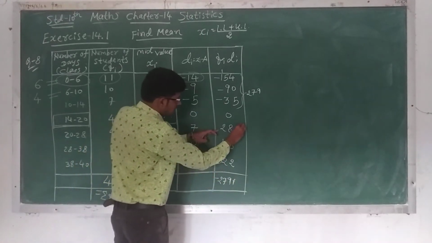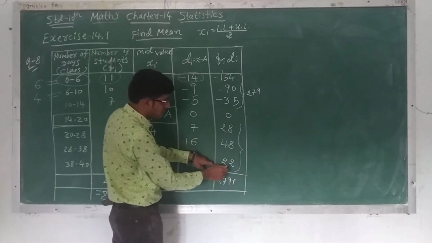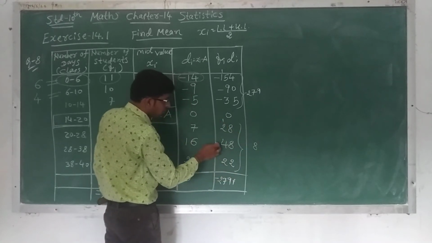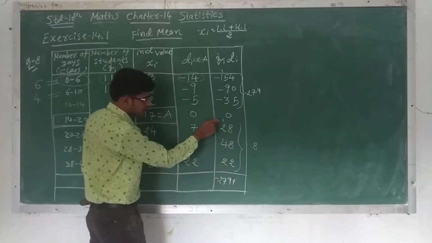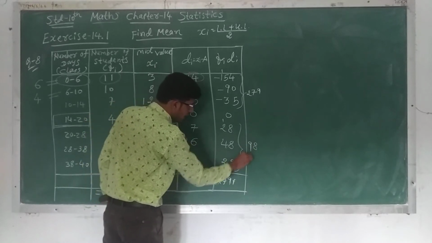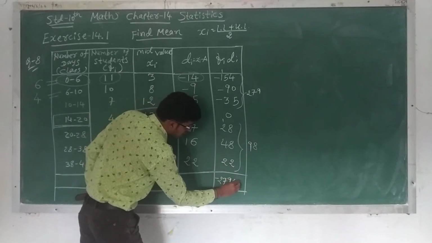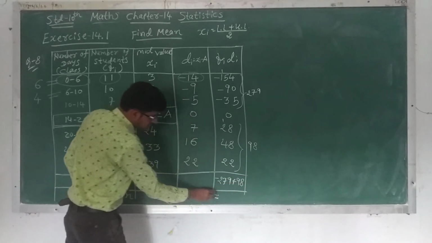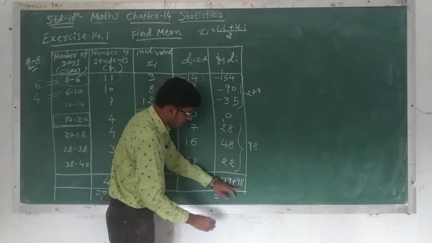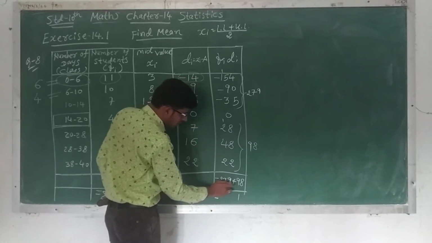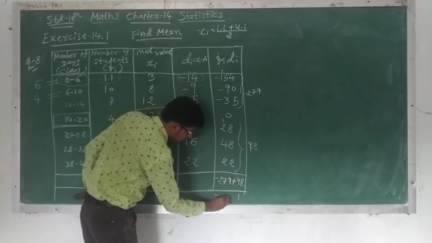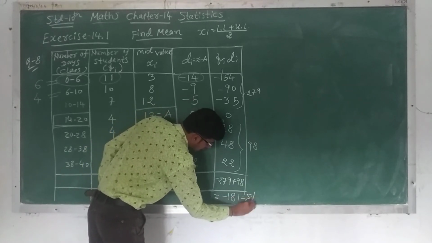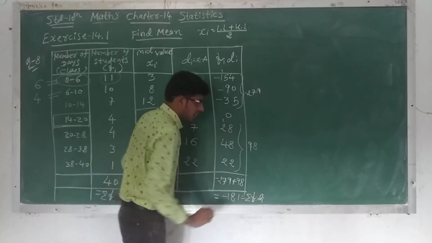The addition of positive numbers is 8 plus 2, 10, 10 plus 8, 18, so 1 carry, 4 plus 2, 6, 7, plus 2, 9, so 98. So 279 minus 98 is equal to what? 9 minus 8, 1, 27 minus 9, 18, so minus 181 is equal to sigma fi di.